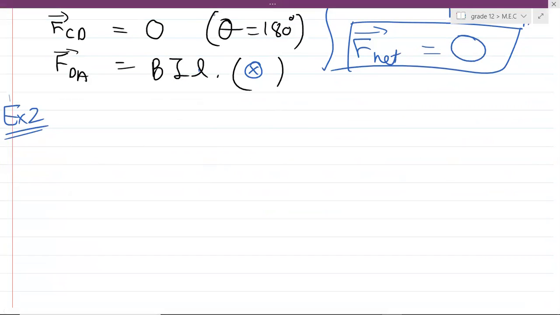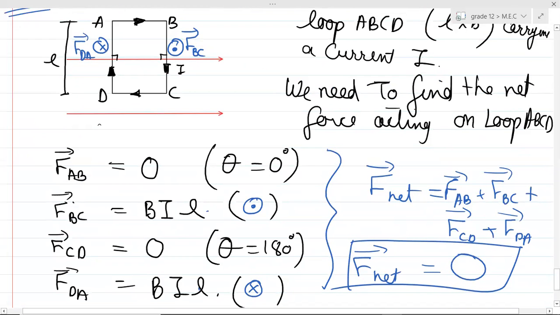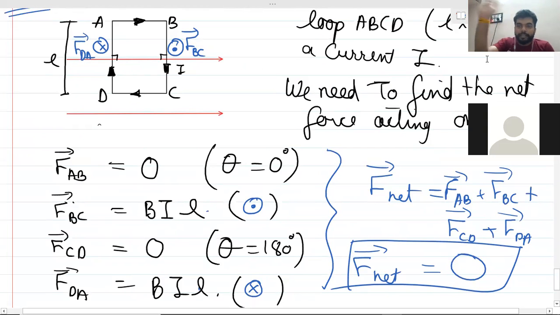Sir, I have a doubt. Please ask. The direction of force on AD and BC. First of all, the current is in the downward direction, put your right hand downward.